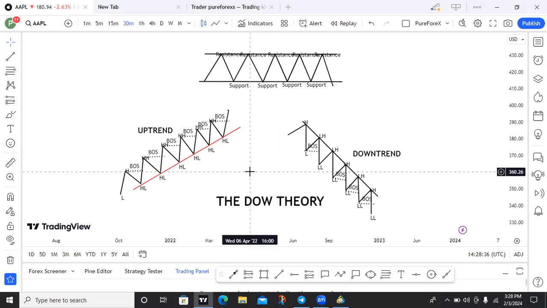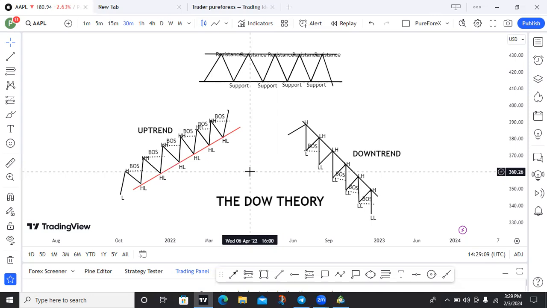Some other people who don't know market structure use indicators. We have indicators on MT4, MT5, like moving averages, with different settings. The purpose of those moving averages is to tell us the trend of the market, meaning we want to determine whether the market is going downward or upward.